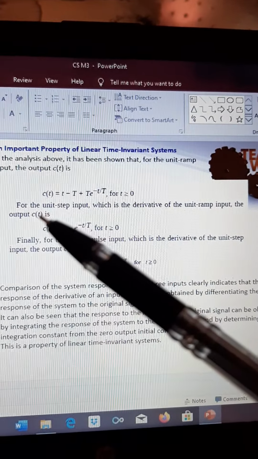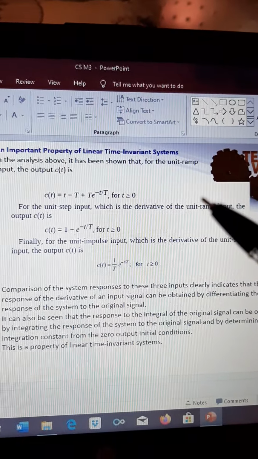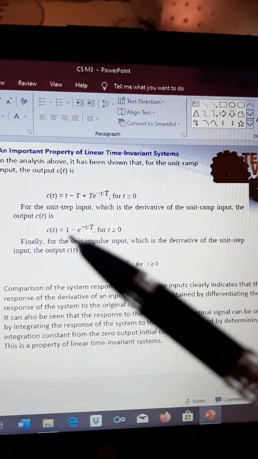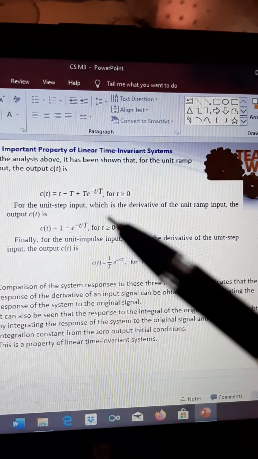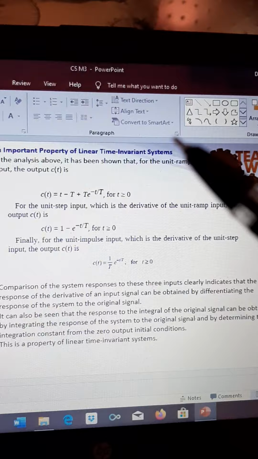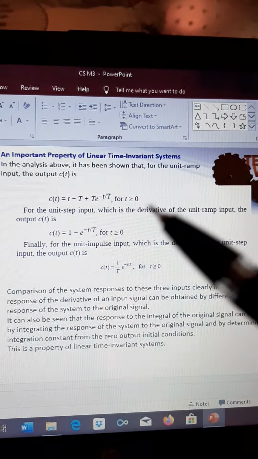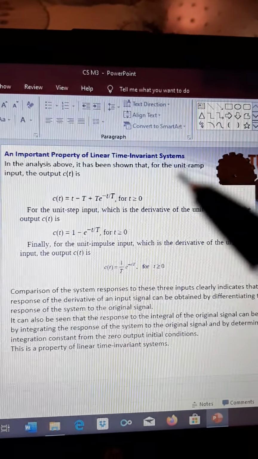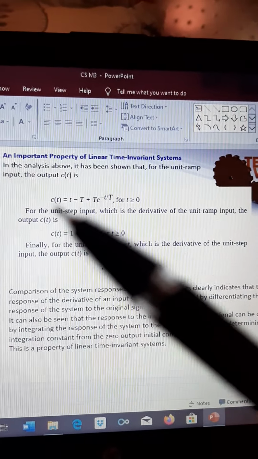For the unit step input, which is the derivative of the unit ramp input, the output c(t) is 1 minus e to the power of minus t by T for t greater than 0. So the output of the unit step input can be obtained by differentiating the output of the unit ramp input.